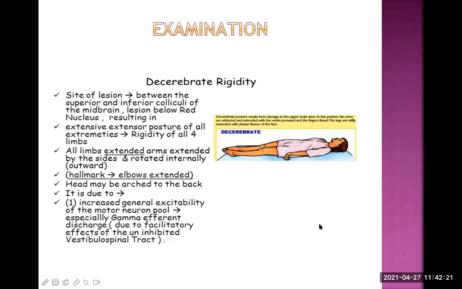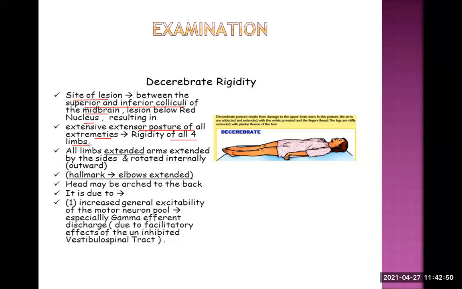Now let's talk about them. Decerebrate rigidity occurs when the site of lesion is between the superior and inferior colliculi of the midbrain, and a lesion below the red nucleus, okay, results in extensive extensor posture of all four extremities, that is rigidity of all four limbs.